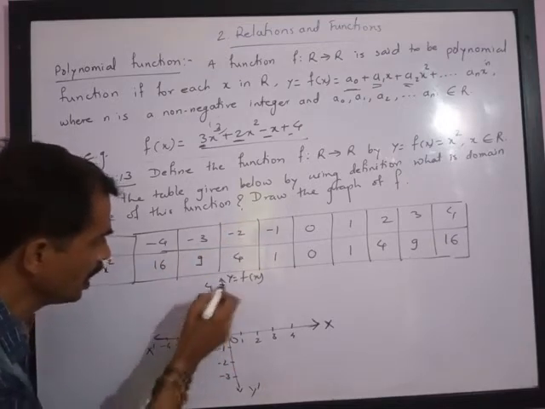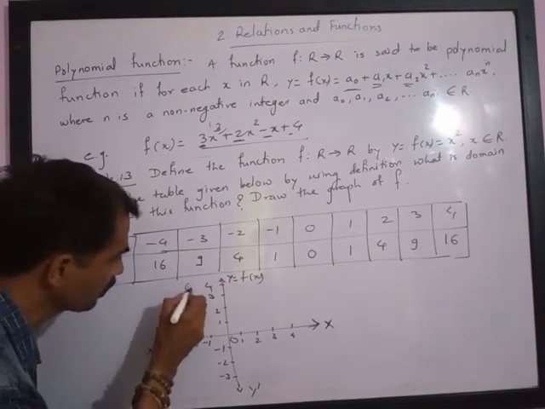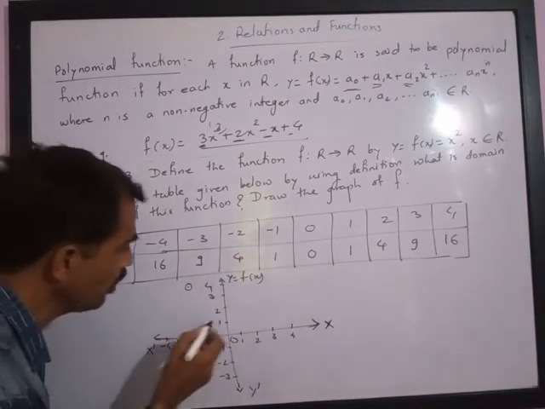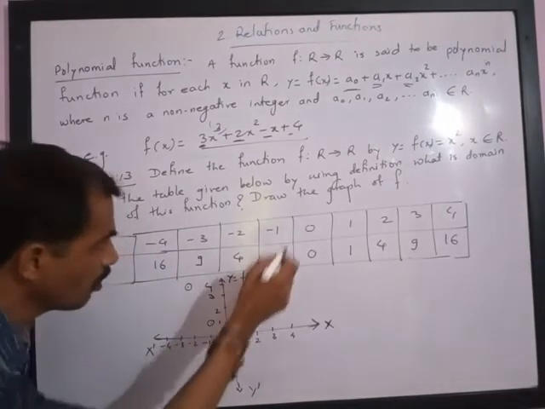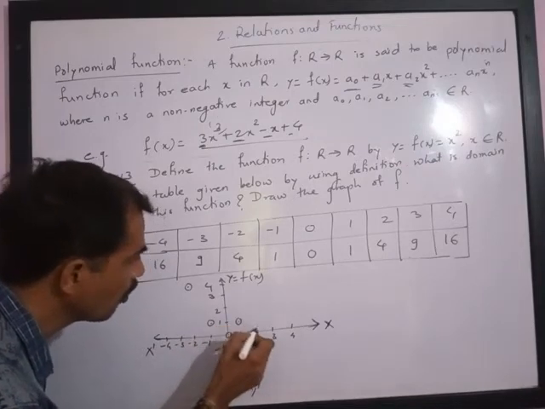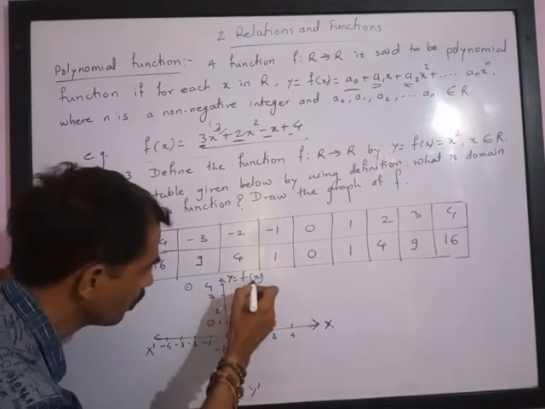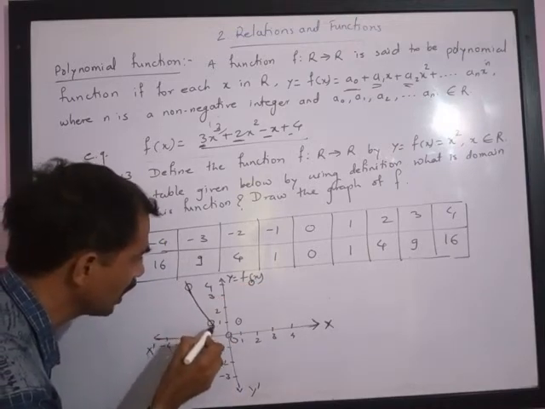Negative 2 is 4, so positive 4, so I will get a point something like this here. Then for negative 1, it is 1, so I have a point here. For 0, it is 0, for 1 again here, for 2 I have a 4, somewhere here. So if you try to plot the graph, you will get something like this.